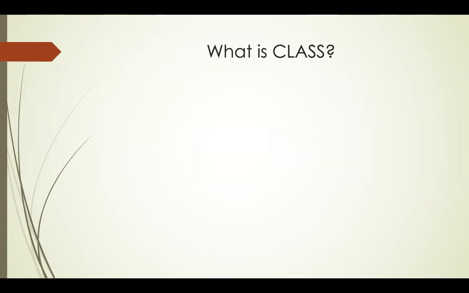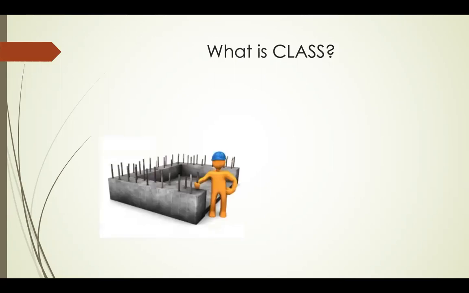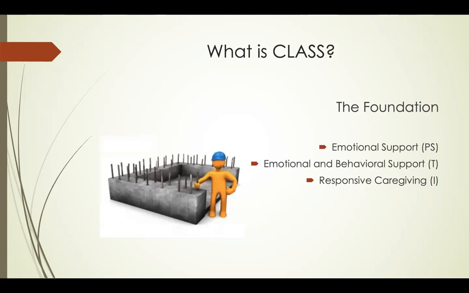So what is CLASS? The way that I really like to describe CLASS is to think about it as a house, or a building, any type of structure. So what do you need first in order to build your structure? You need the foundation. If we look at it through the eyes of CLASS, you see that emotional support is the basic.